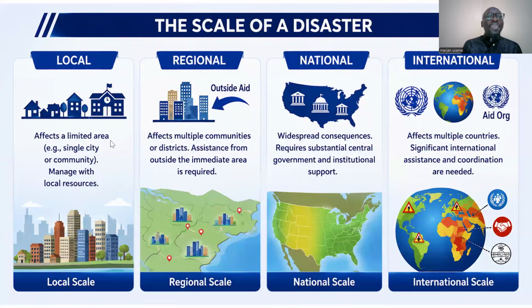It affects a limited area. For example, in Mogadishu, it affects one area of Mogadishu, or it affects only Mogadishu. Then number two, regional, affects multiple communities or districts. So the ones that affect the local, we can easily manage with the local resources.